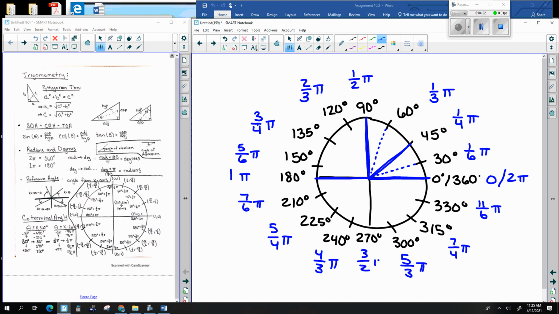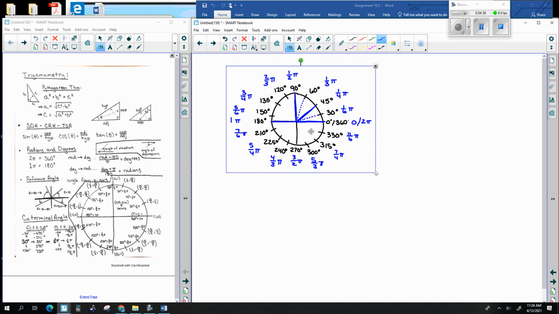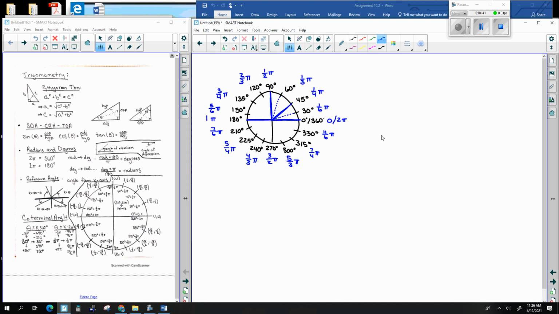So these are radians. Now, in general, how I remember what to do is this: we're going to be asked a lot of questions like, convert this into radians.